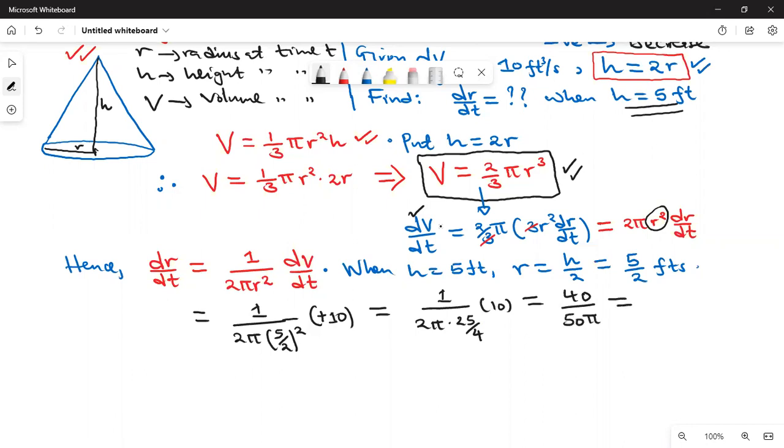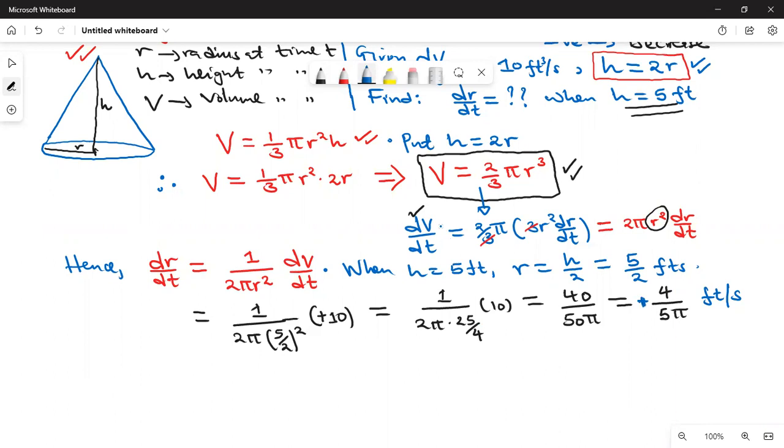And when you simplify, you get 4 over 5 pi. Because the radius is measured in feet, the unit here is feet per second. And the result is positive. The positive there means the radius is also increasing.